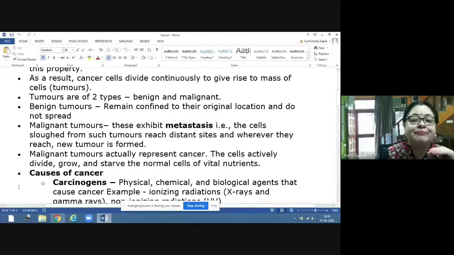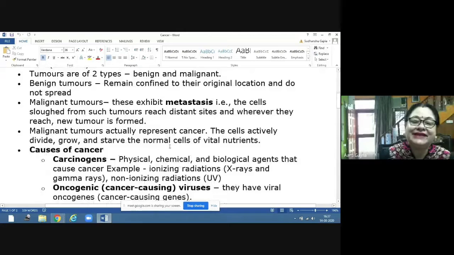So what happens in this? The cells slough off from the tumor and reach distant sites, and wherever they reach, a new tumor is formed. Malignant tumors actually represent cancer. The terminology cancer is for the malignant tumors only.